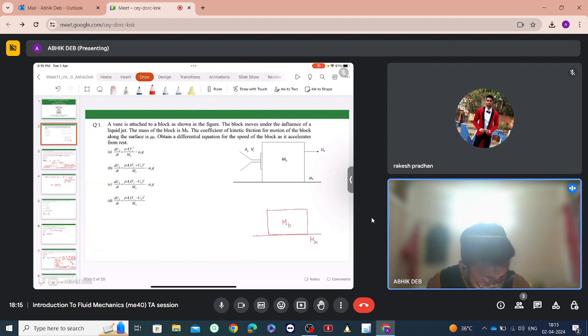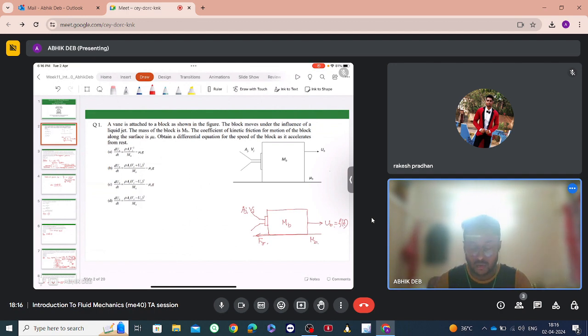So there is a frictional force opposite to its movement. ub is the velocity of the block, which is a function of time, that is, it is accelerating. There is a vane like this, from which a liquid jet is passed at a velocity vj and an area aj.